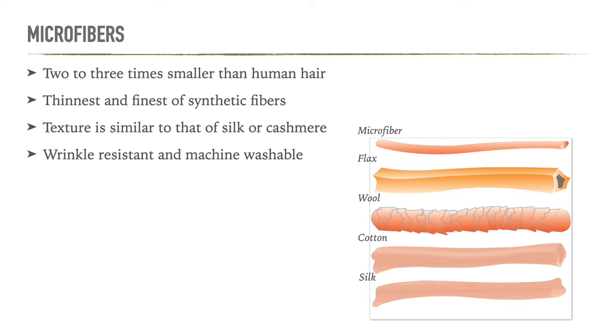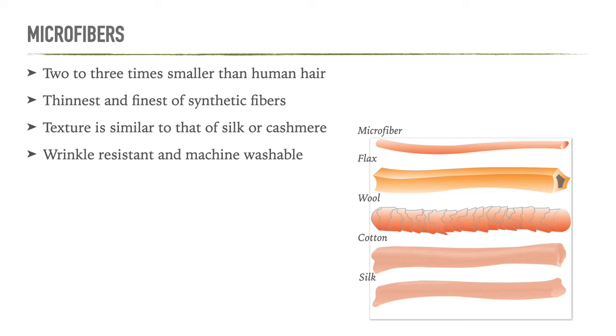Microfibers. Microfibers are 2 to 3 times smaller than human hair. They are the thinnest and finest of synthetic fibers. Their texture is similar to that of a silk or cashmere. They are wrinkle resistant and machine washable.